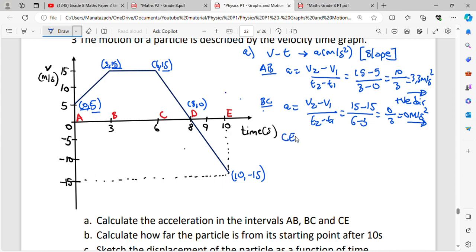And then finally the acceleration between C and E is equal to V2 minus V1 divided by T2 minus T1. You can use these coordinates or you can use a coordinate here. So you'll say minus 15 minus 15, divided by 10 minus 6.